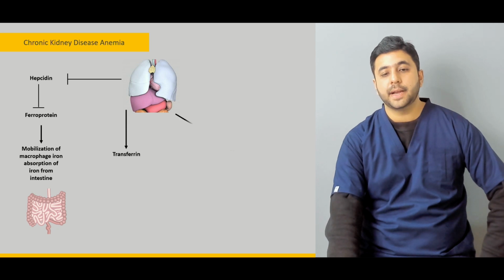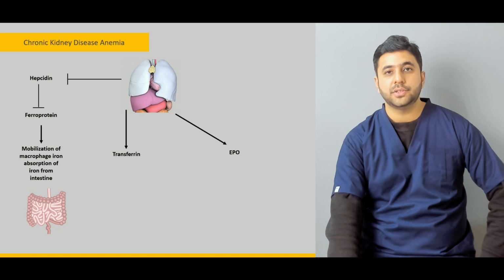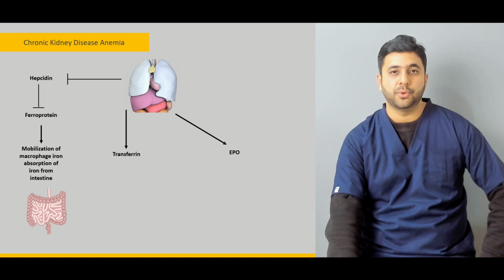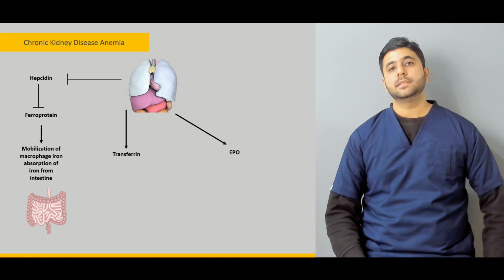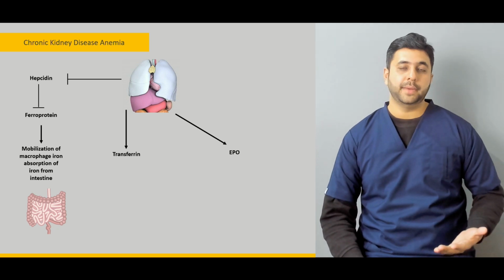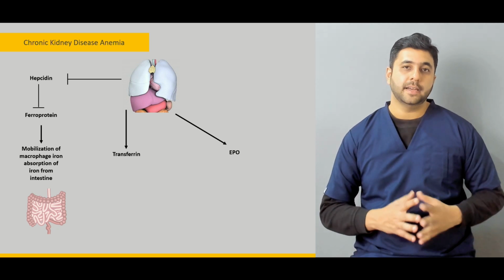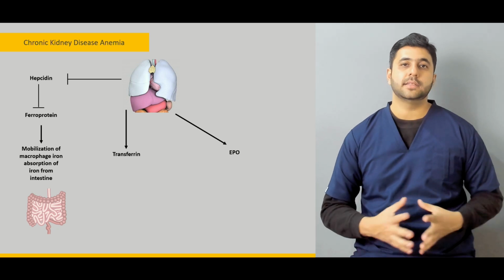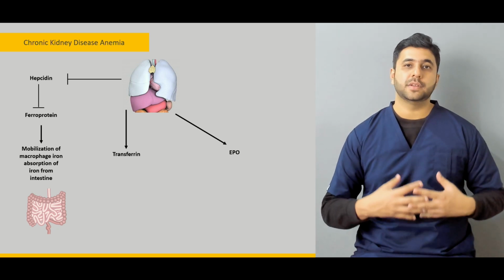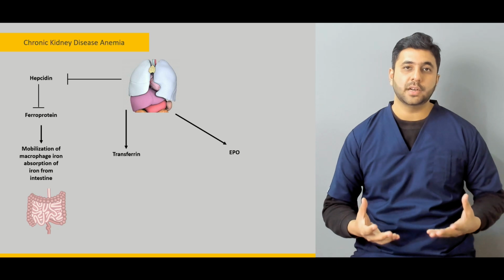But the most important mechanism by which anemia occurs in a chronic kidney disease patient is a decreased production of erythropoietin. Erythropoietin is a stimulant of bone marrow erythropoiesis. It is produced by the interstitial cells in the peritubular capillary bed of the renal cortex.